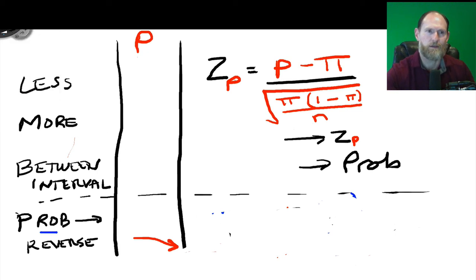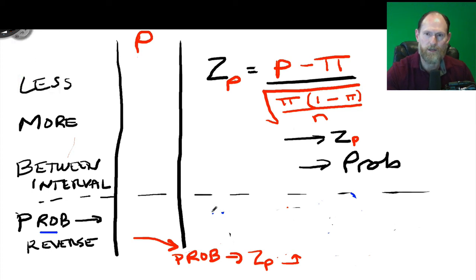So first let me talk about that process. We are going to take that probability, just like we did before. We're going to shrink down like Mike TV, go inside that Z table, and come out of it with a Z-score of P. And then we're going to put it into this formula that we're about to cover.